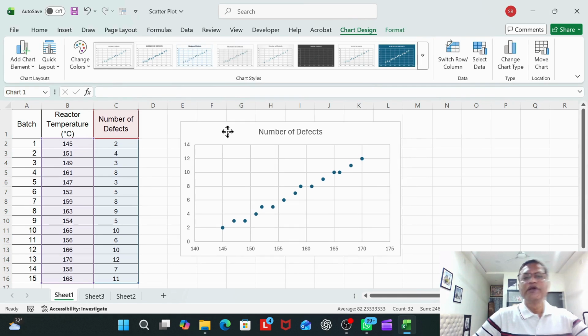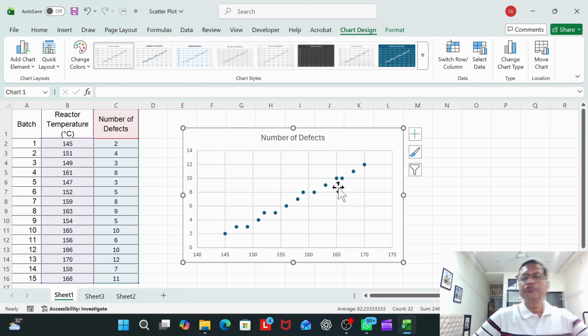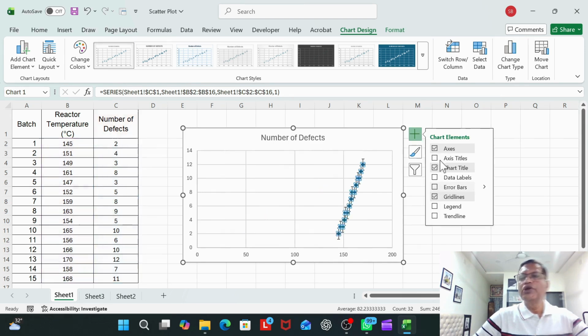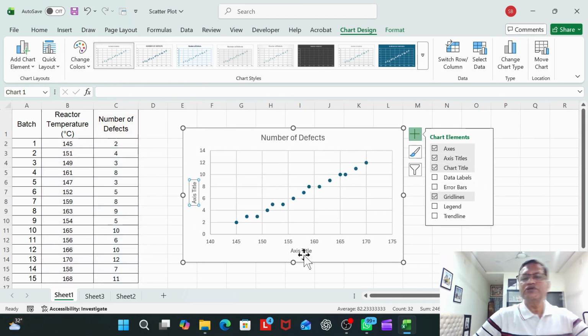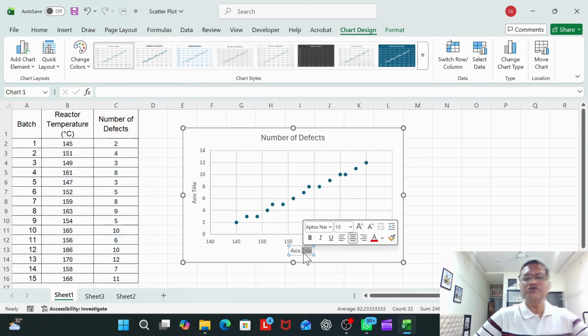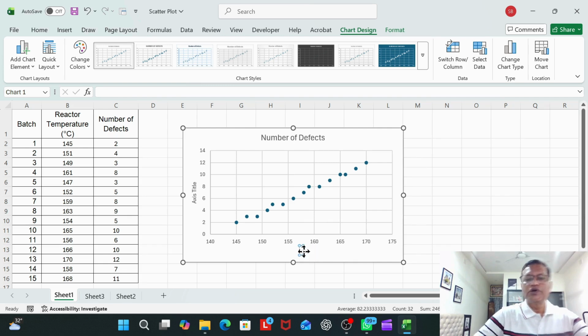Here you will get the scatter plot. Once you get the scatter plot, click on the plus button over here. Put the axis titles here. You can use this axis title as reactor temperature. Similarly here as number of defects, like this.